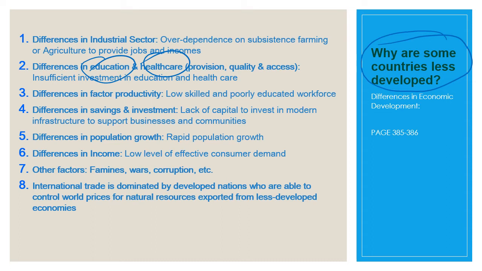Differences in factor productivity. So if I want to be talking about the least developed economies, okay, I would say most industries are labor intensive and labor productivity would be low. So here, remember, when I'm talking about factor productivity, I'm talking about the factors of production, either labor or capital.